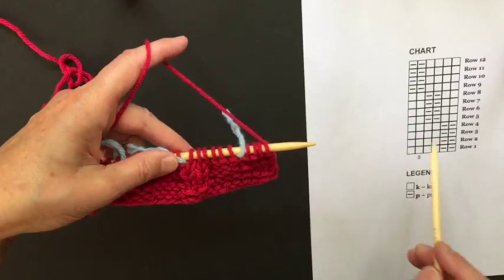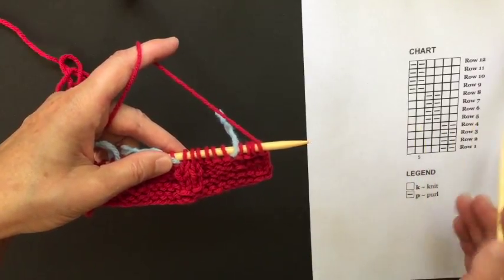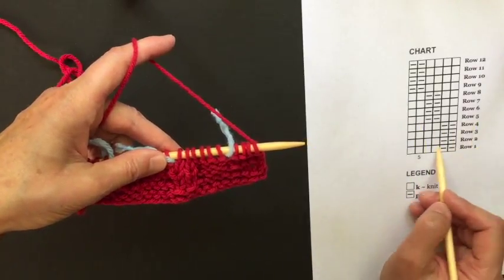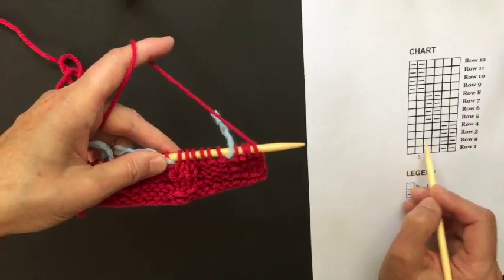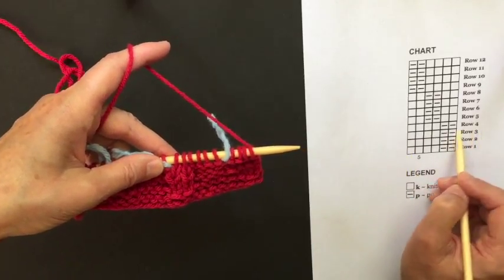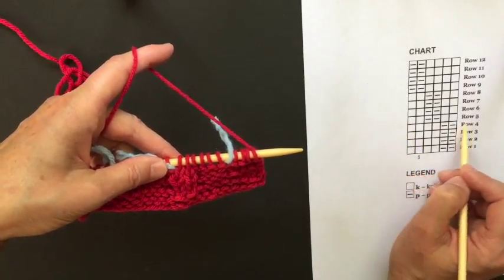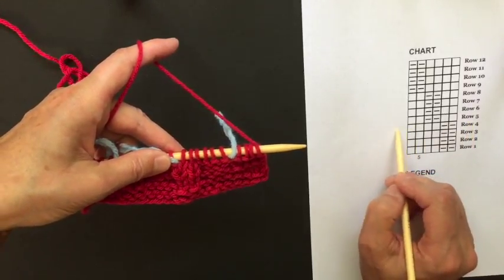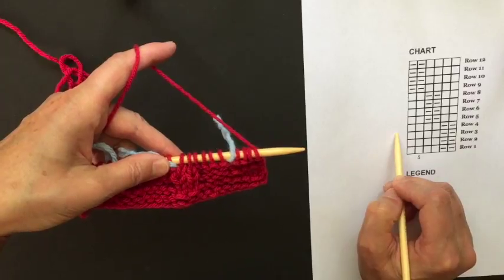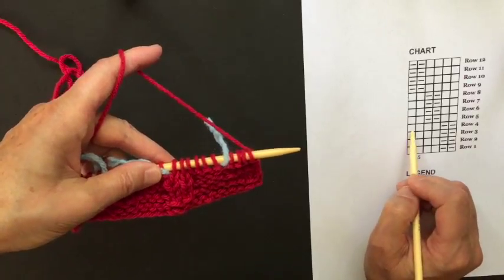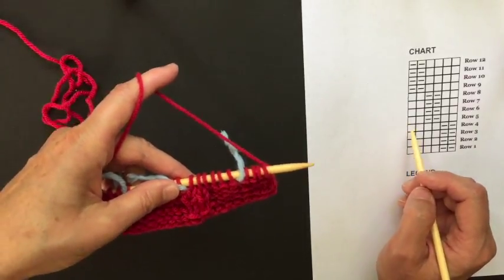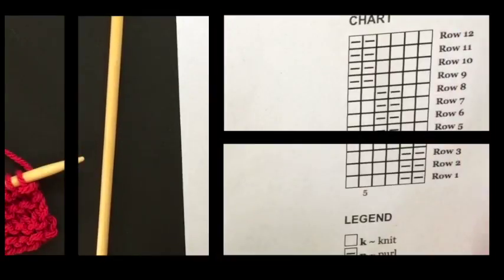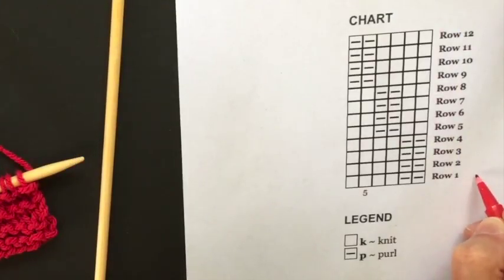Okay, and this is gonna be our 4th row, and because we were going this way, then this way, then this way, now we're going in that direction. Okay, so we're on the wrong side. Let me actually mark it for you with a pen. So we were knitting in this direction on the right side.